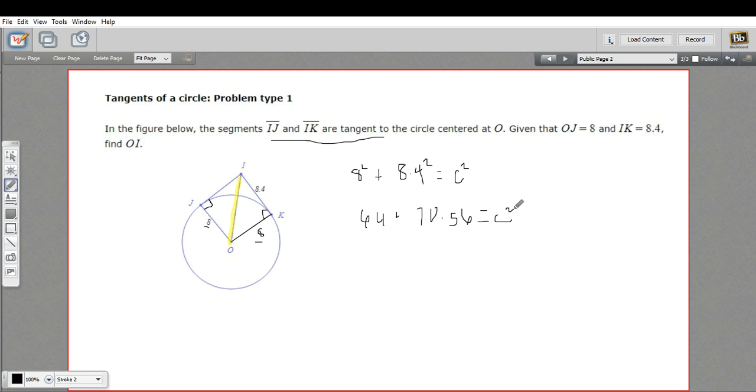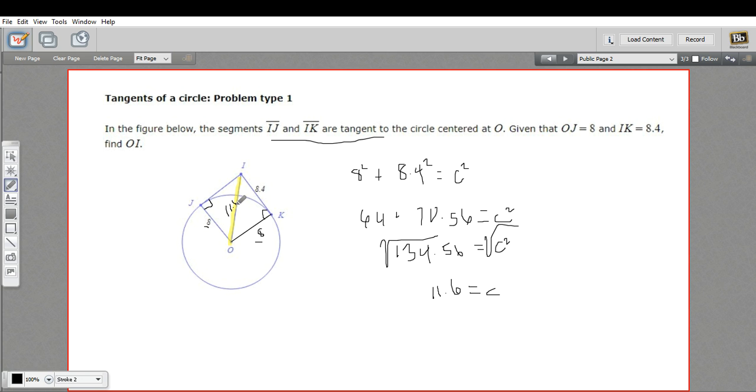So we'll add those together. So that's 134.56. And then to solve for c here, we're going to just take the square root of both sides. So I'll do that. And I get c equals 11.6. So this is 11.6.